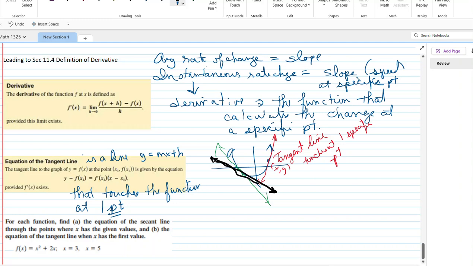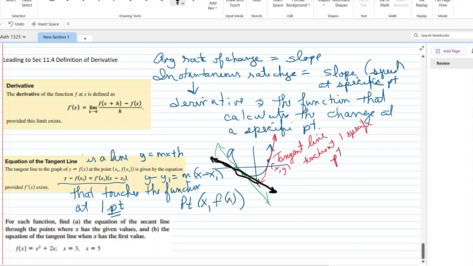And so we know it as, now they write it as y minus y sub 1 equals m times x minus x sub 1. So that's what this is right here. Because we know that the point x1 and f of x1 is x and y. So that's what we're doing.